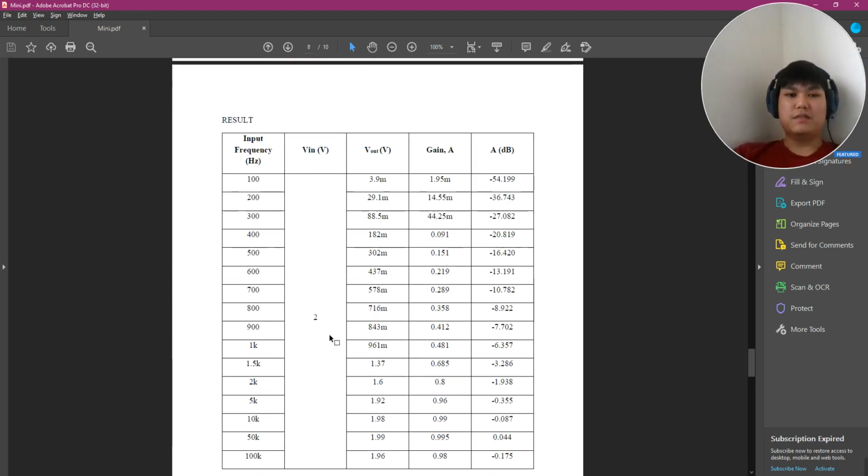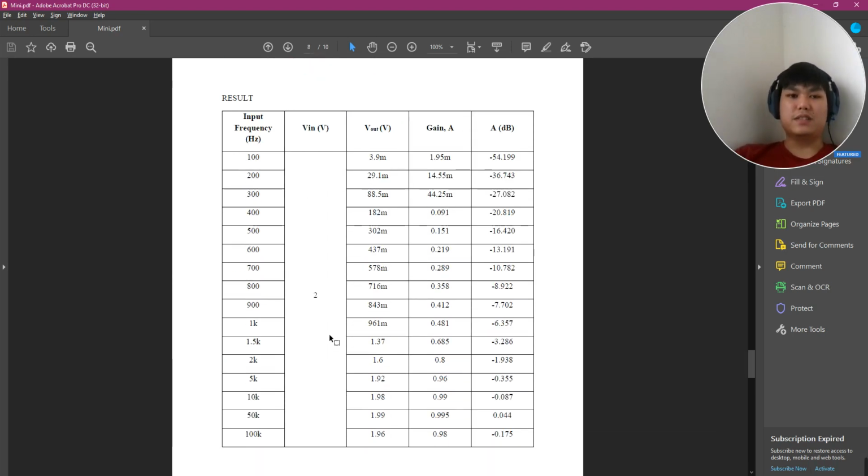For the result, I just change the input frequency. I took frequencies from 100 hertz to 100 kilohertz: 100, 1k, 1.5k, 2k, 5k, 10k.